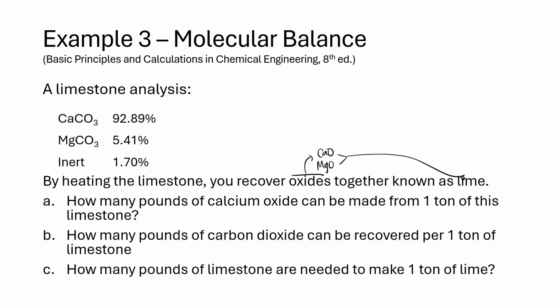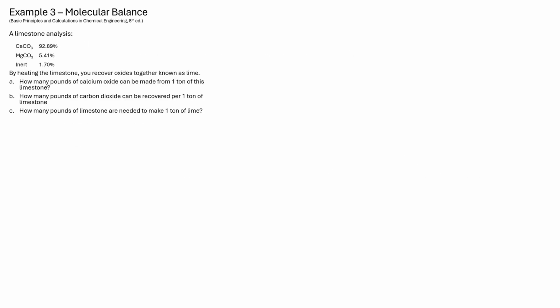So there's the required pounds of CaO made from 1 ton of the limestone, pounds of CO2 recovered per 1 ton of limestone, and how many pounds of limestone are needed to make 1 ton of lime. Okay. Let's write down muna yung mga reactions involved.